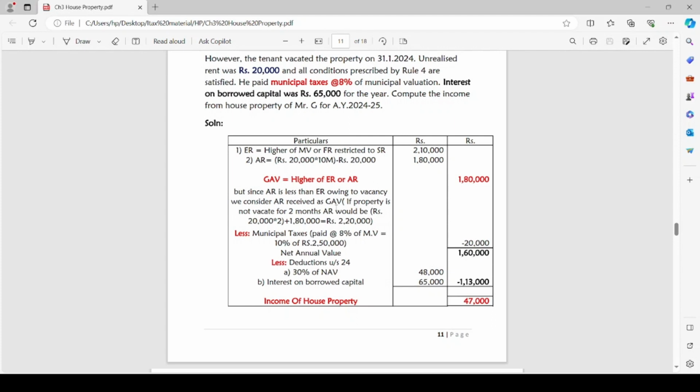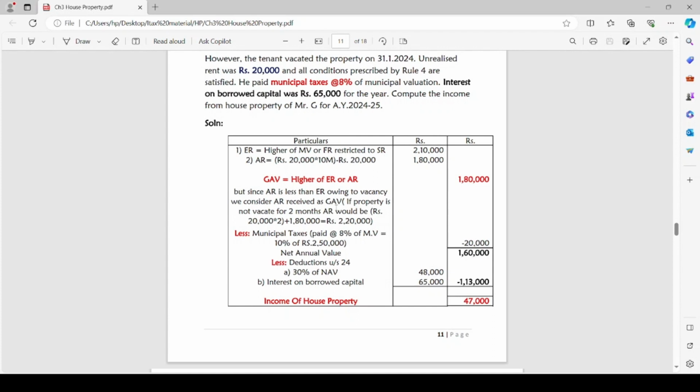So we are considering that if the house property had been let out for 2 more months instead of being vacant, it would fetch us 40,000 more rent. Then the actual rent would be higher than expected rent. Hence, in this case, we take gross annual value as 1,80,000, that is the actual rent received by the owner.